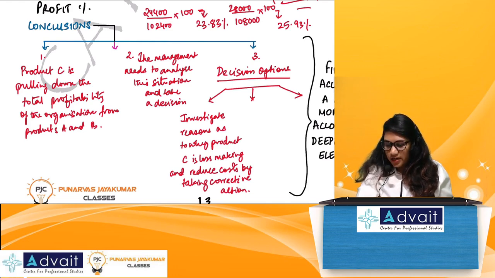So investigate reasons as to why product C is loss making, and reduce your costs. Only then you can arrive at a profit. Correct? Reduce your costs after taking corrective action based on whatever you have analyzed.